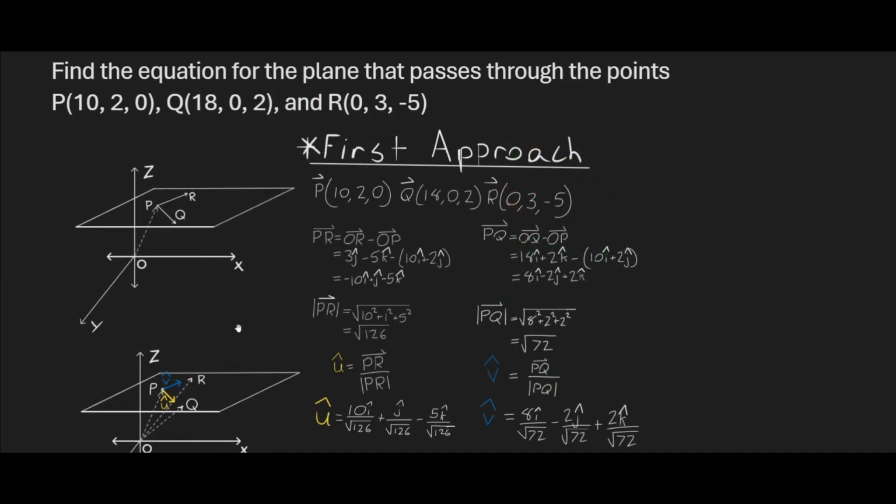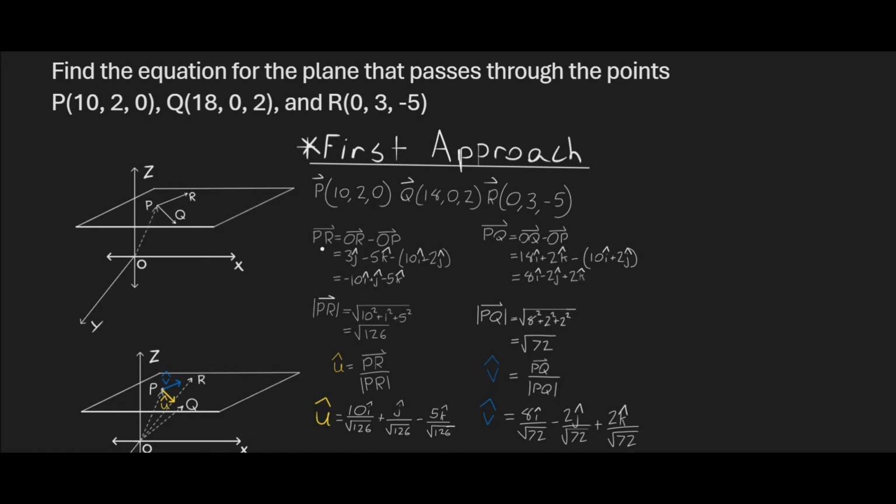Alright, let's look at the first approach on how to find an equation of a plane that passes through three non-collinear points. Remember that for the first approach, we need to find two unit vectors that are parallel to the plane. To do this, we're going to use the vectors PQ and PR.